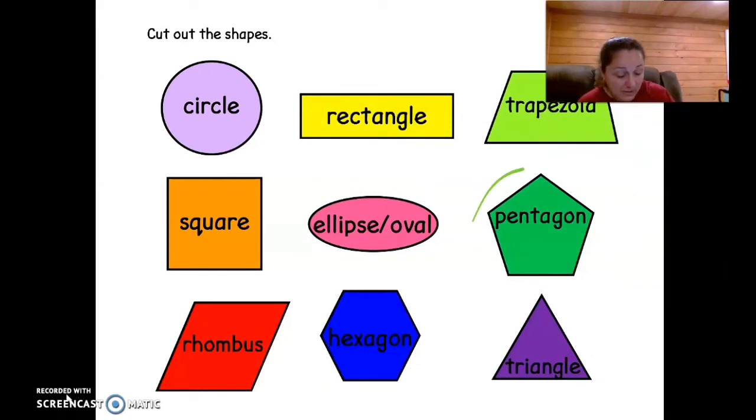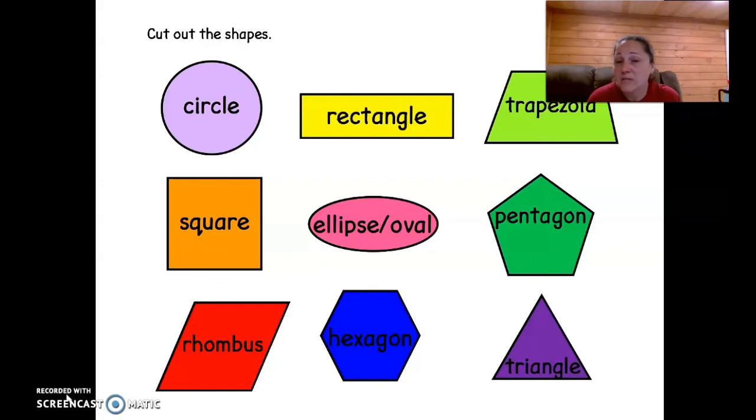Now, what I want you to do with your Q-tips or your straight items, to make sure that I know that you've been listening and following along, I want you to make parallel lines and take a picture. Make perpendicular lines and take a picture.